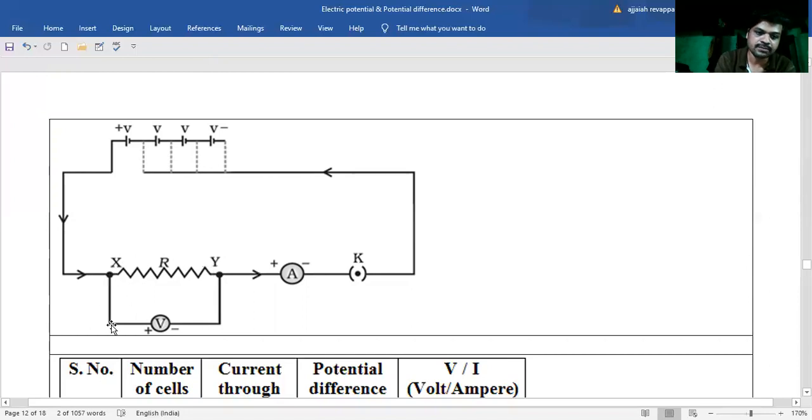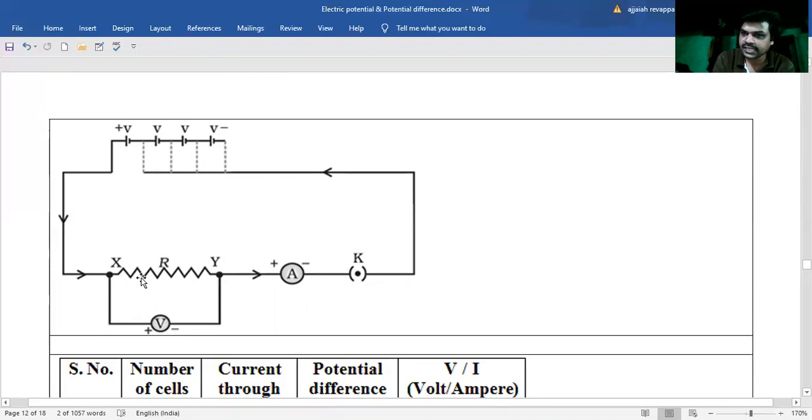See, voltmeter, as I told you already, is connected parallel to the resistance, that is the nichrome wire, because I want to measure the potential difference across these 2 points, means at the ends of this conductor. Nichrome wire is the conductor.